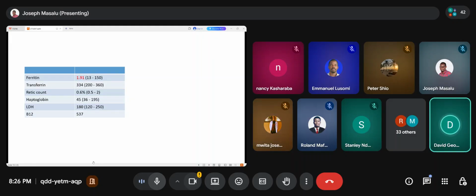A normal haptoglobin, well, we saw the bilirubin, direct and total, were within normal limits. LDH, haptoglobin, all of these I cluster as markers of hemolysis, and all of them seem to be within normal limits.